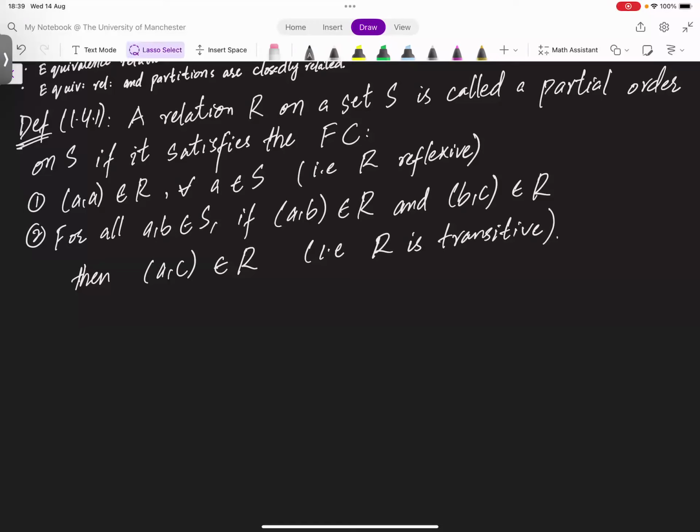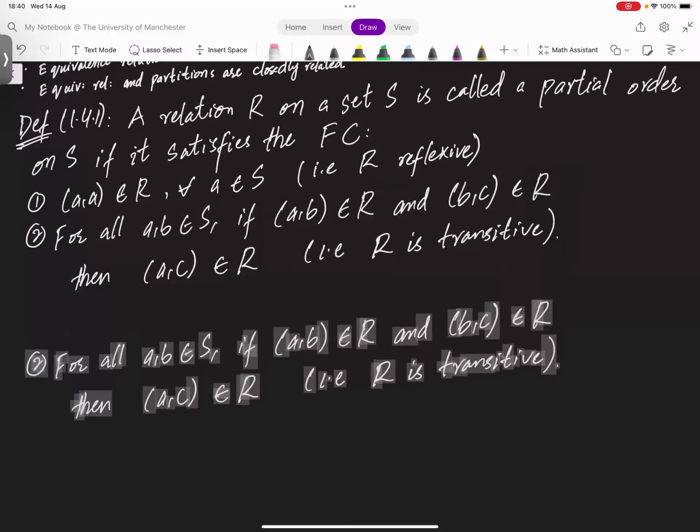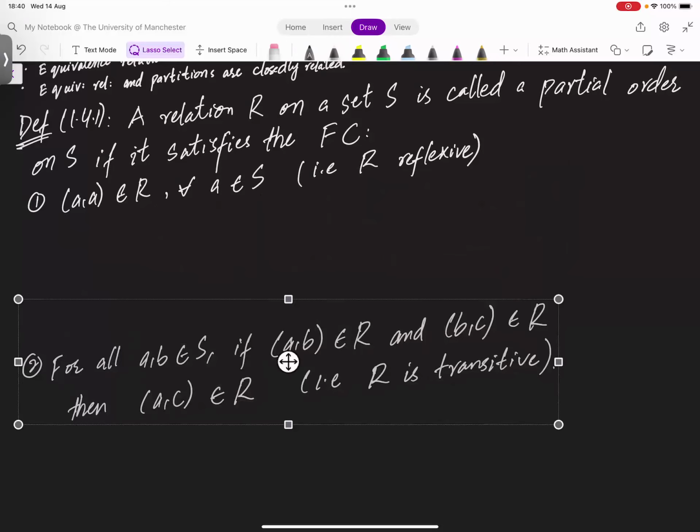Okay, this should be number three, which I have mixed up. So let's pick this up and put it here.